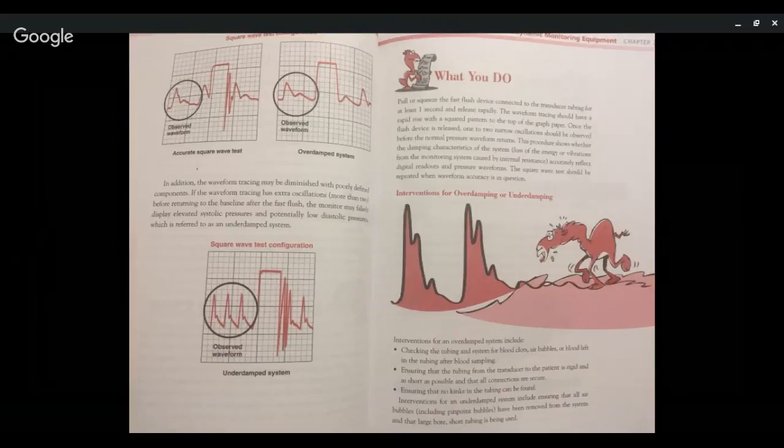In addition, the waveform tracing may be diminished with poorly defined components. If the waveform tracing has extra oscillations, more than 2, before returning to the baseline after the fast flush, the monitor may falsely display elevated systolic pressures and potentially low diastolic pressures, which is referred to as an underdamped system.